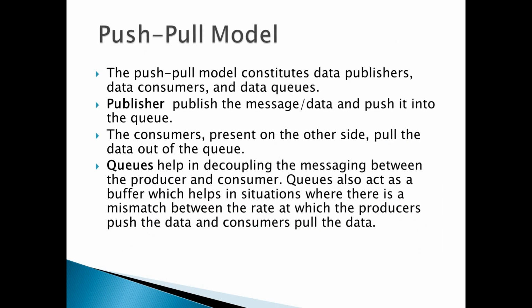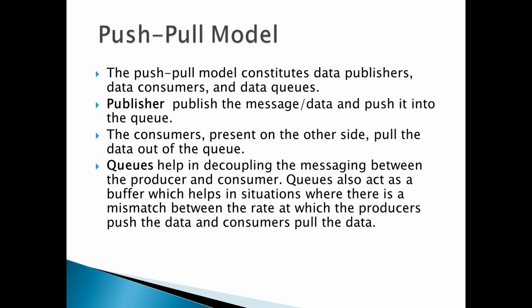Third one is the push and pull model. Here also there are three categories: data publisher, data consumers and data queues. The publisher publishes the messages and data to the queue.